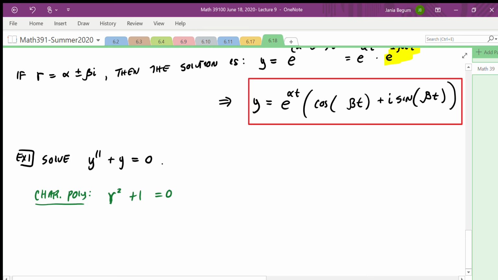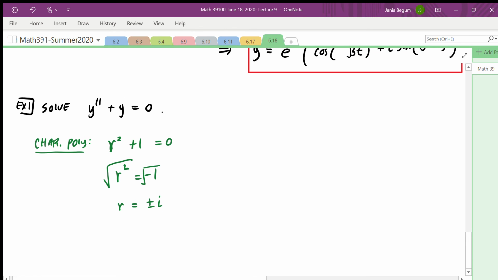And then if you try to solve this, you would notice that r is a complex value, right? So we can do r squared is equal to negative 1, and we take the square root, the usual, right? So we get r is equal to plus and minus i. So we get roots to be a complex number.